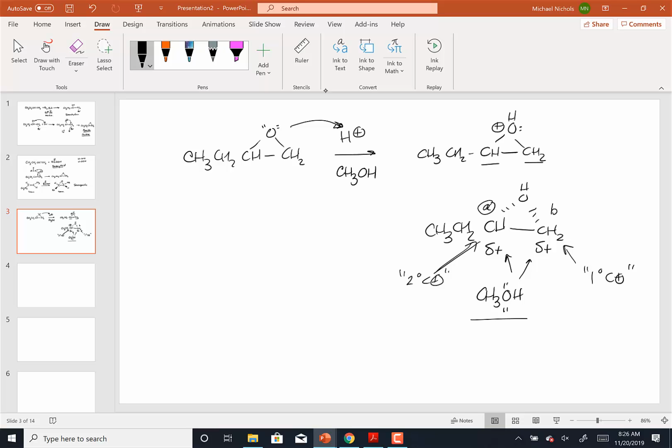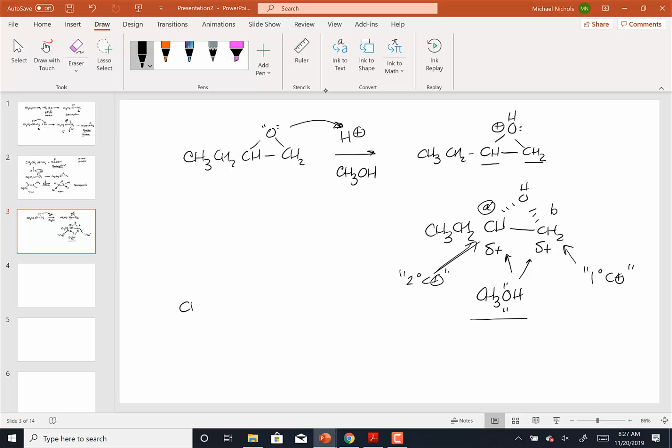You have to give to the carbon that's the poorest. Which carbon is the poorest? It's going to be A, because it has the greatest positive charge, because it has one alkyl group that can help stabilize that so it can take on more of the charge. And so therefore the methanol will add to carbon A, and it will add 100% trans.